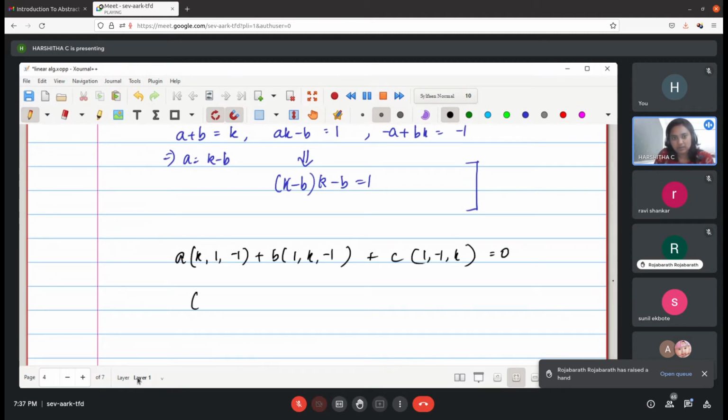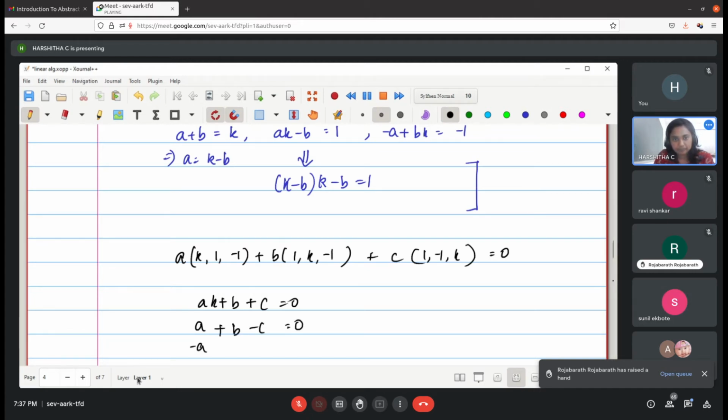So what does this mean? AK plus B plus C equal to 0, A plus BK minus C equal to 0.